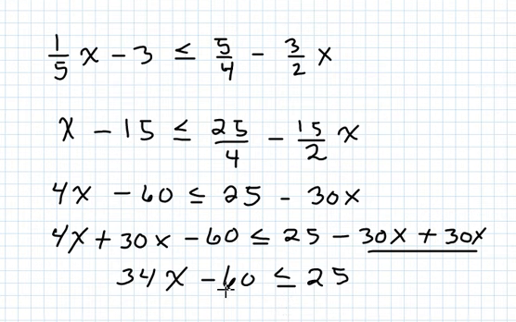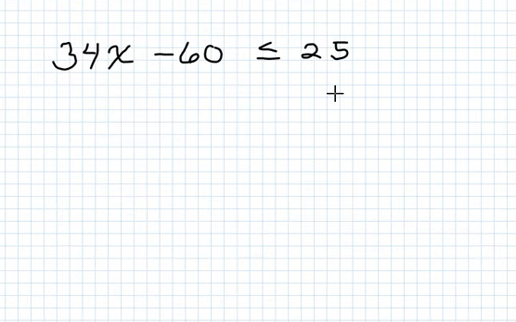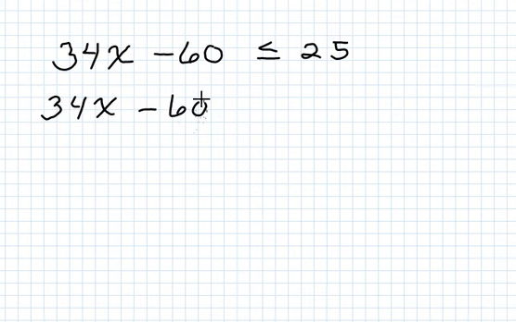So now we want to take this negative 60 over to the right hand side. I'm going to go ahead and clear this screen. So adding 60 now to both sides, we have 34x minus 60 plus 60 is less than or equal to 25 plus 60.